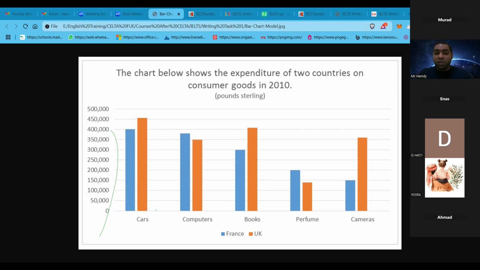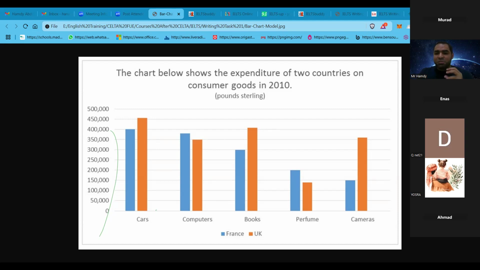And another part here, on the other hand, the lowest. The amount of money paid on the remaining goods was higher in France in general. He speaks here about consuming money in general. About 350,000 was spent by the French on computers, which was slightly more than the British, who spent exactly.